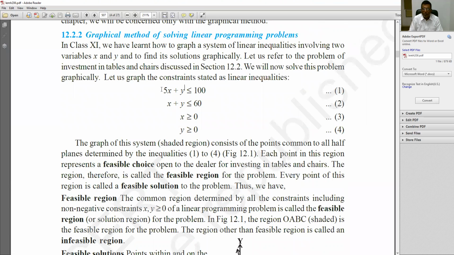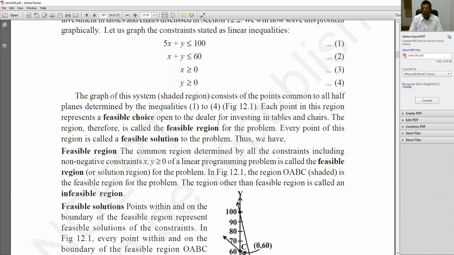So students, in the next lecture we shall discuss the details of this graph drawing process, and we shall try to explain further how this numerical problem of linear programming is going to be solved with the help of a graph. Means we are discussing, and our discussion will be continuing, how to get the solution of a linear programming problem by the graphical method.